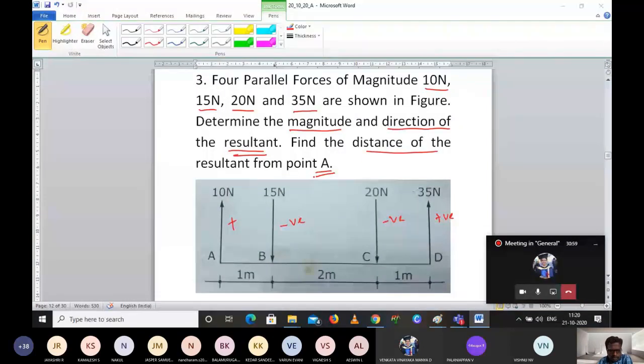So here you can see 10 Newton, 15 Newton, 20 Newton and 35 Newton acting on the object A to D. But you can see the direction.